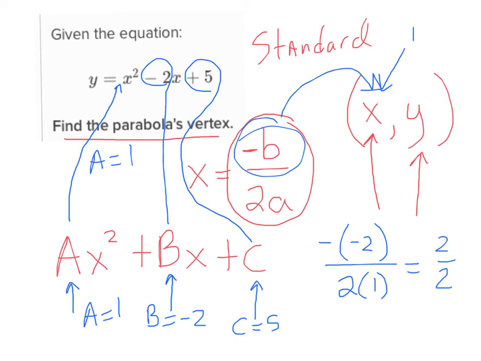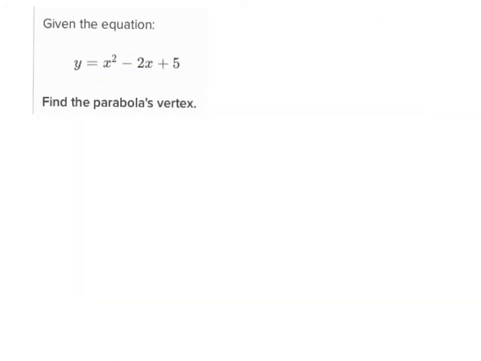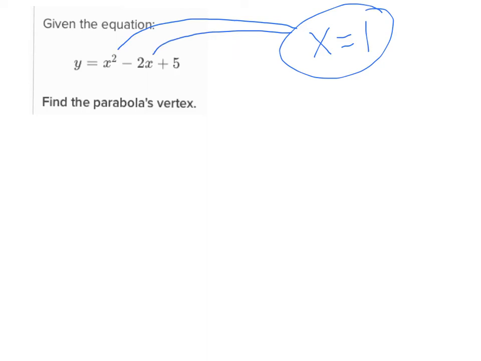All right, well, if I want to know what y is, all I have to do is take my x that equals 1 and plug it in for x into the equation. So I'm going to plug it in for x here and plug it in for x here. When I plug a number in for a letter, I put that number in parentheses.